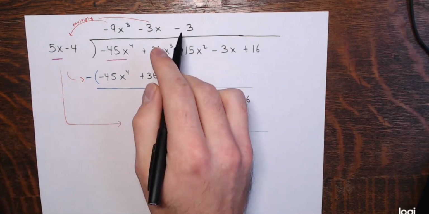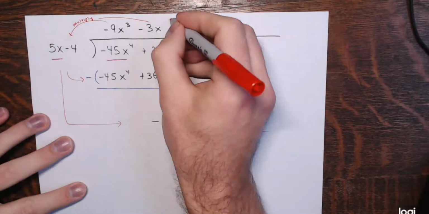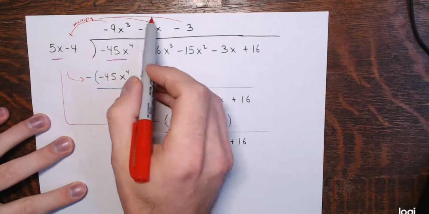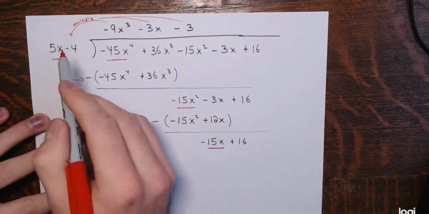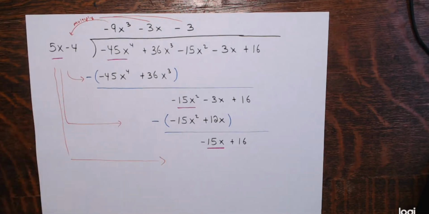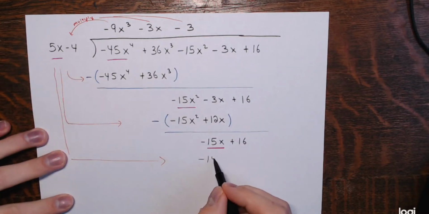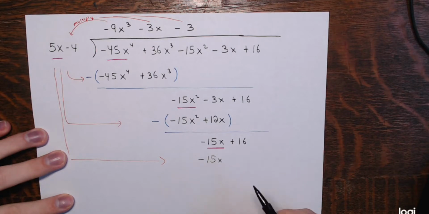So I write negative 3 in the quotient, and then multiply only negative 3. Only negative 3 gets multiplied by the divisor, and the result will be written under this negative 15x plus 16. Well, negative 3 times 5x is negative 15x. Again, the leads should be the same if you want them to go away when you subtract.